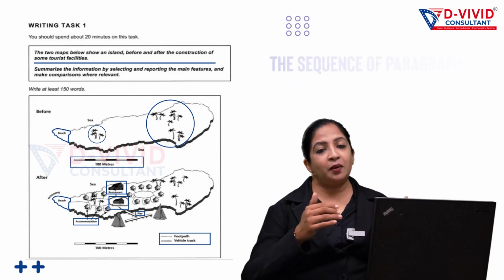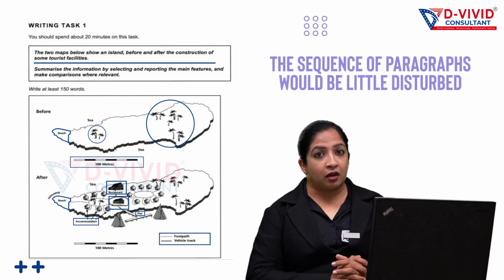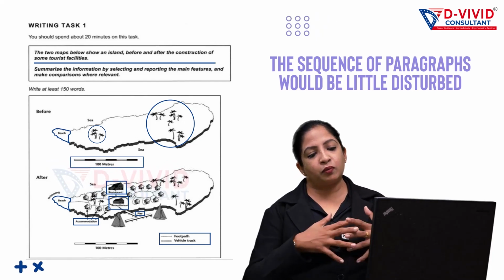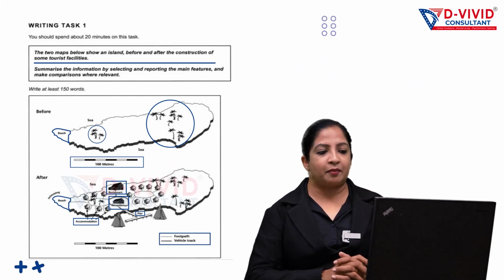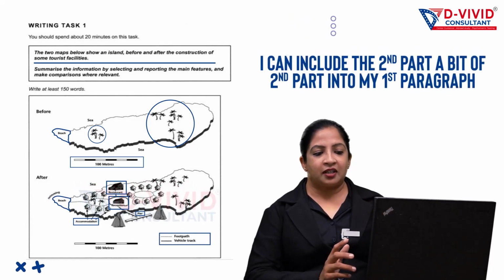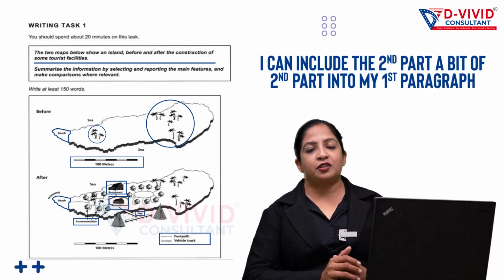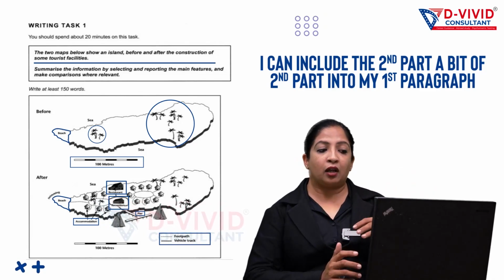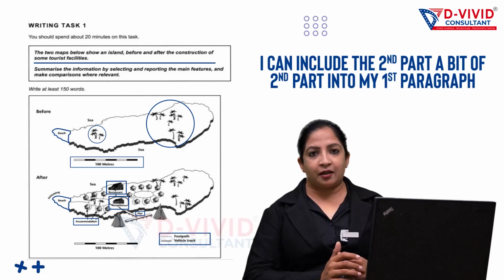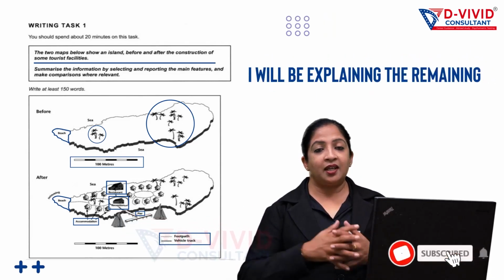No, the sequence of paragraphs would be a little disturbed. So what solution can I bring out for this? I can include a bit of the second part into my first paragraph, that is body 1, along with the before map. And in body 2 I'll be explaining the remaining.